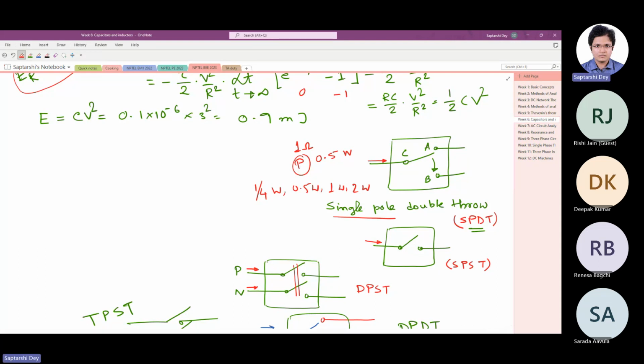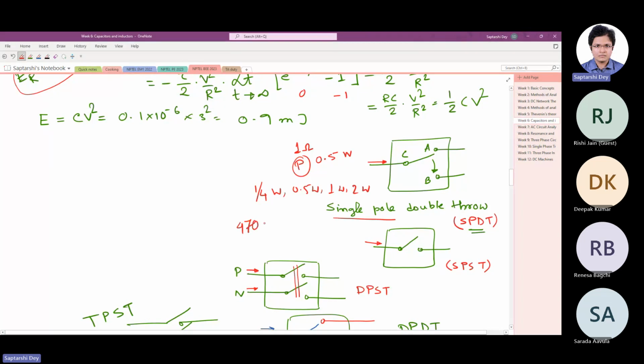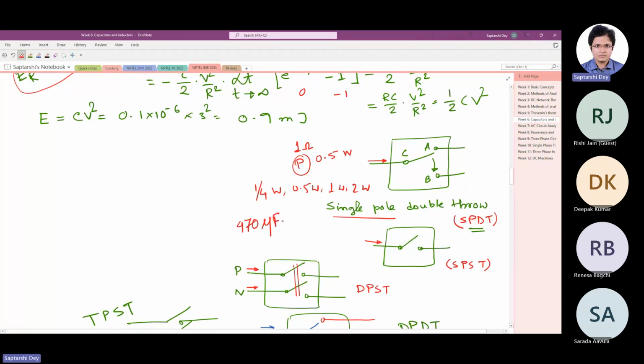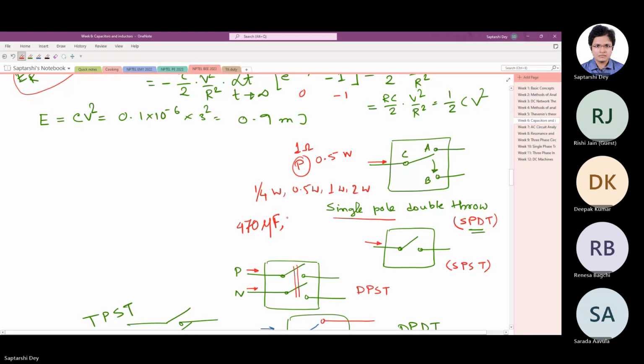So if you go to a shop and simply ask for a 1 ohm resistor, the shopkeeper will first make fun of you, then he will ask you what power rating you need. Otherwise, he cannot give it to you, how much power dissipation you need in the resistor. Similarly, if you go to buy a capacitor, simply telling him that I need a 470 microfarad capacitor won't do. You have to also tell him 470 microfarad, 100 volt.